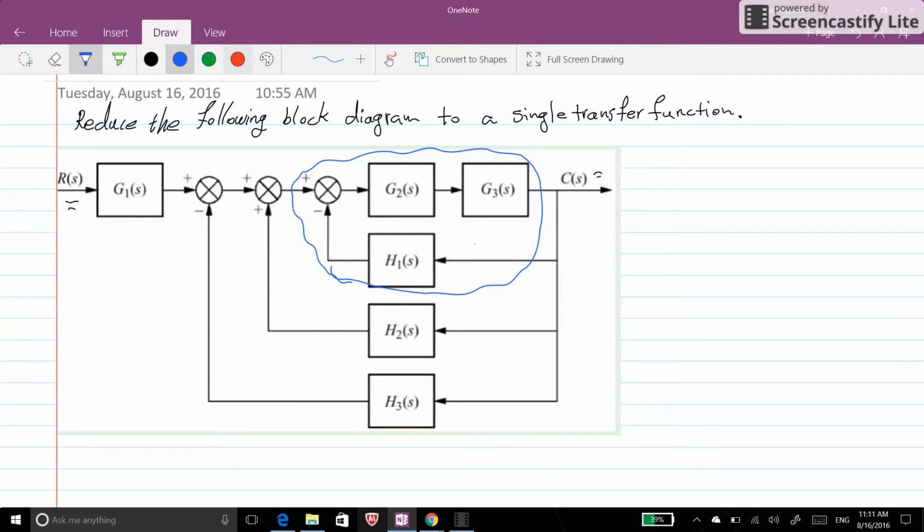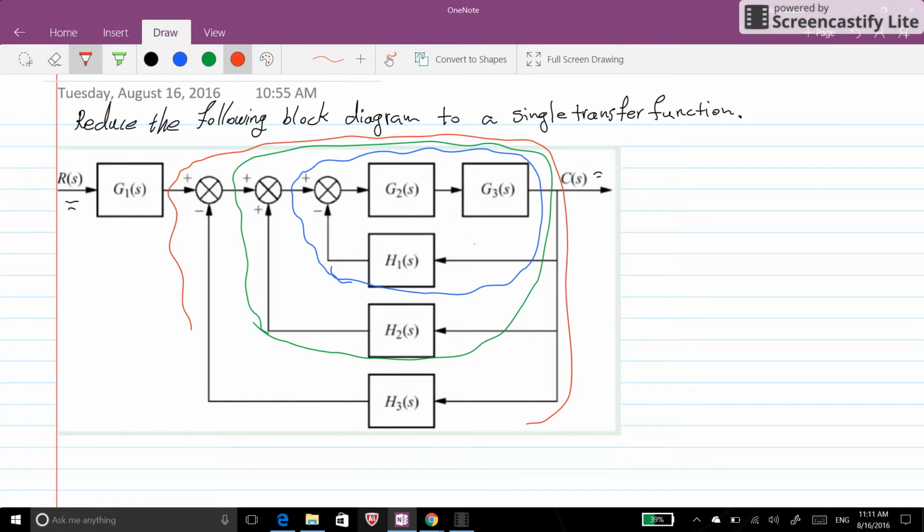After replacing it, we will have another simple feedback loop, including H2 and the result of the previous step, for which again we can find the equivalent transfer function, and the result with this H3 will form another feedback loop, as we can see here, negative feedback.